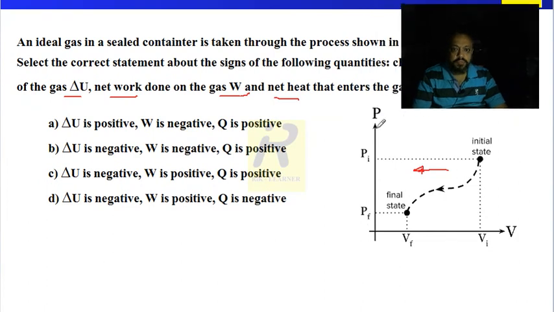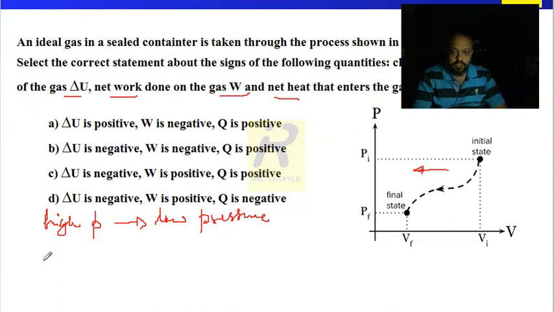Here the question has given us this drawing in which the initial state is at high pressure and large volume. So you must observe that initially the pressure is high. It comes to low pressure.